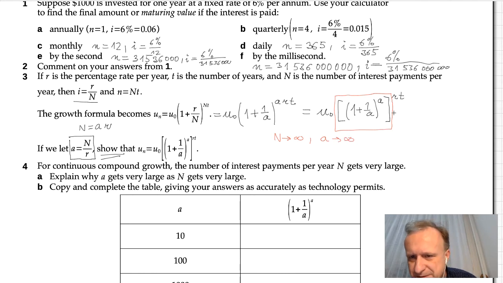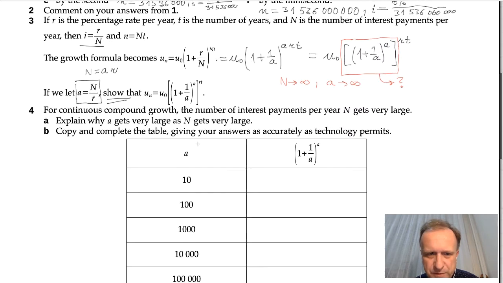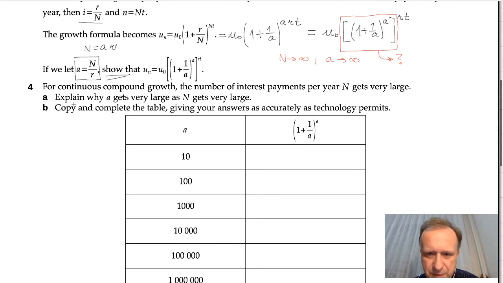So the content of this square bracket changes as a is increased, or as n is increased, to larger and larger numbers, and it should tend to some value. So what does it tend to? What is the value this thing here in this square bracket tends to? And this is what we learn in the following step of our investigation.